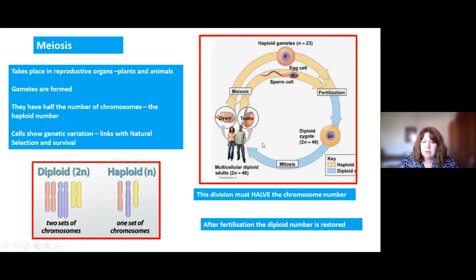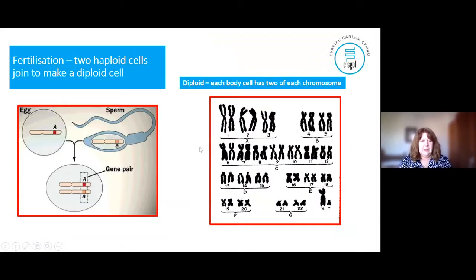We're talking human numbers here, so gametes being n, which is 23, and the diploid zygote, the fertilized egg cell, 2n, which is 46. Then that zygote will divide mitotically in order to grow the organism. So that's where meiosis fits in the life cycle.